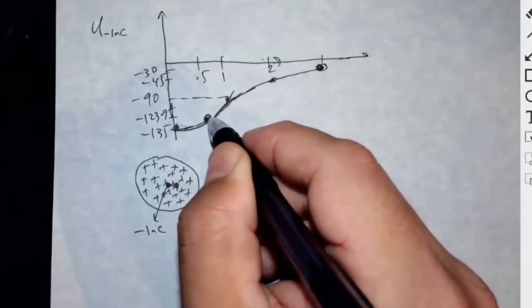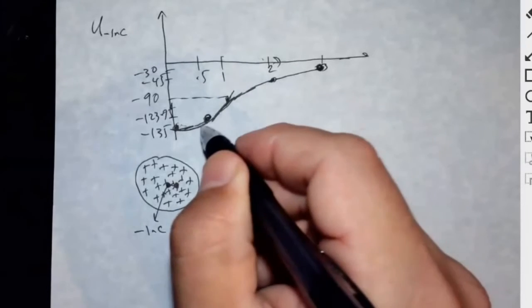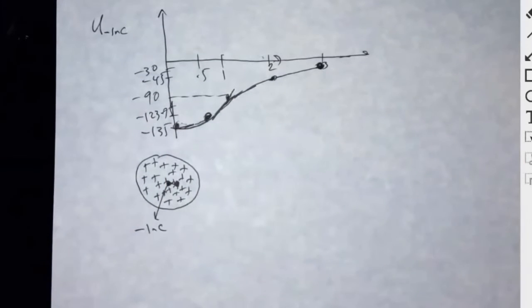If you release it, does it want to keep going up that ramp or down? It goes down, right?